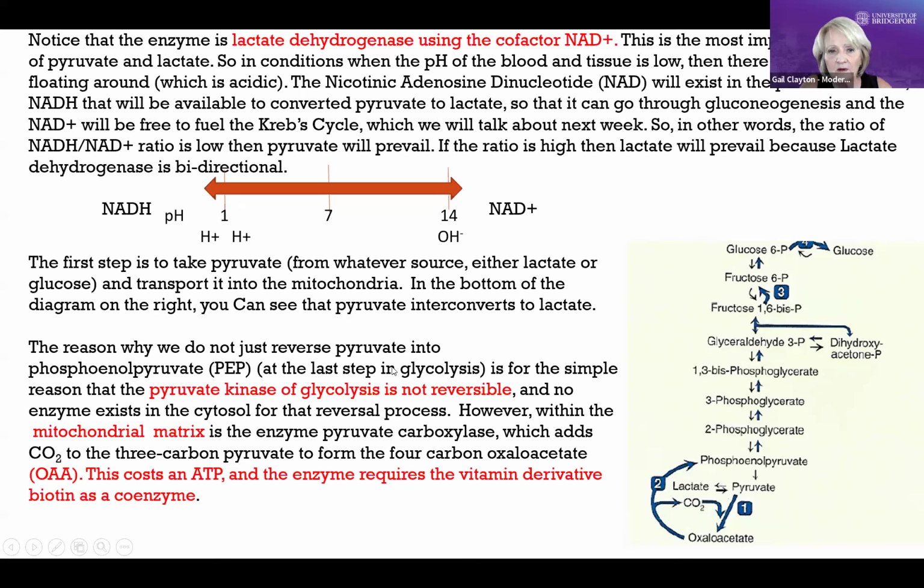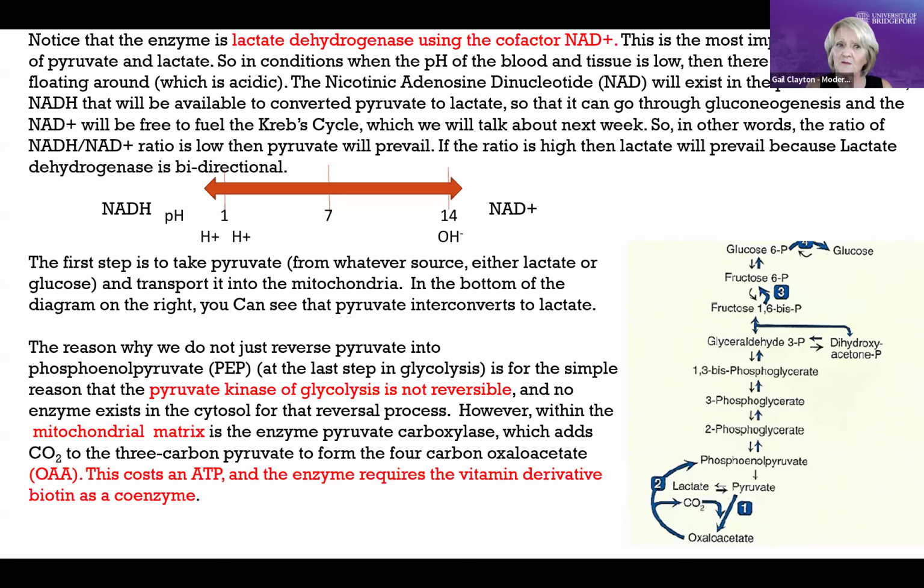And the reason we don't just reverse pyruvate into PEP, the last step in glycolysis, is because the pyruvate kinase of glycolysis is not reversible, and no enzyme exists in the cytosol for the reversal process.